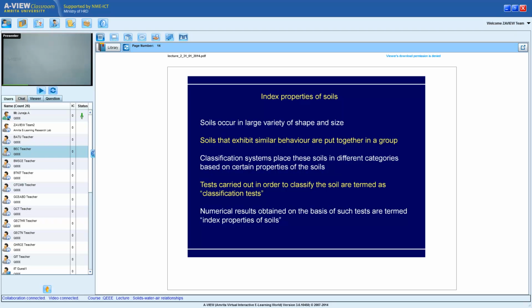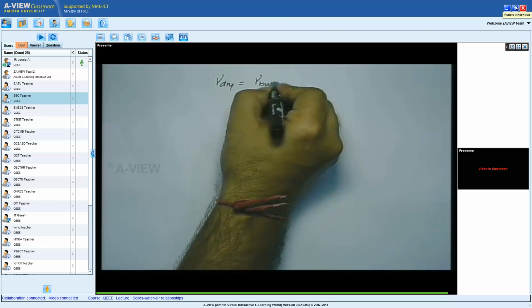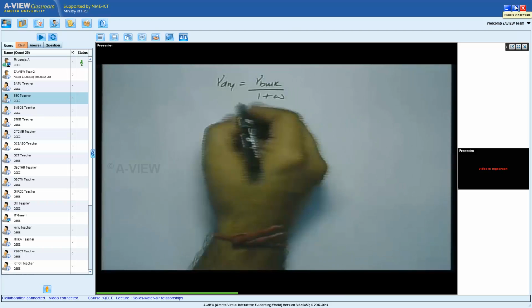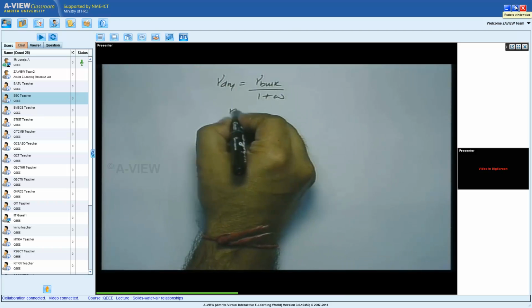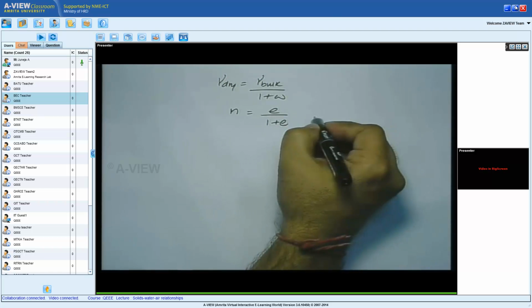So the first one was gamma dry was given as gamma bulk divided by 1 plus water content. There was also an expression for porosity, n equal to void ratio divided by 1 plus void ratio.